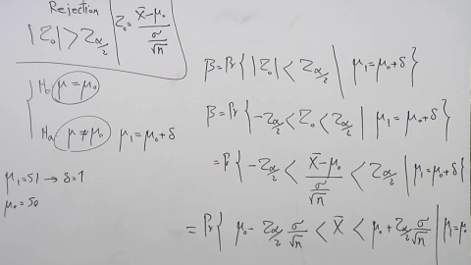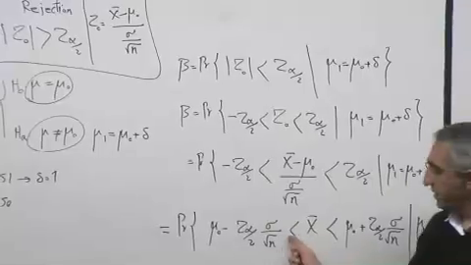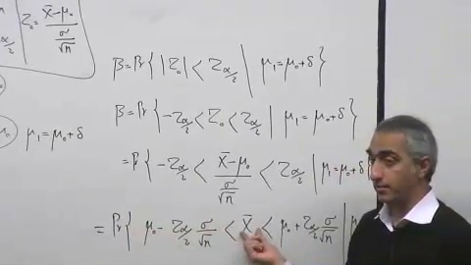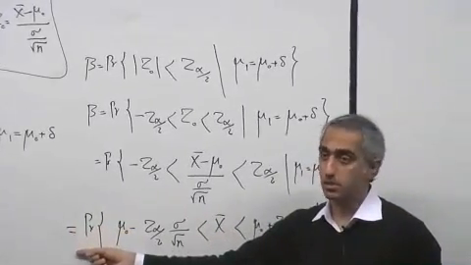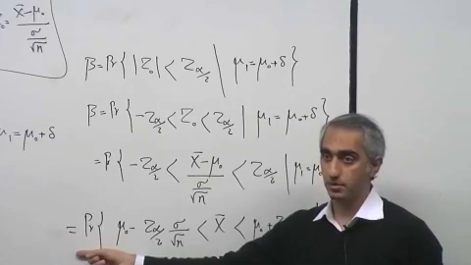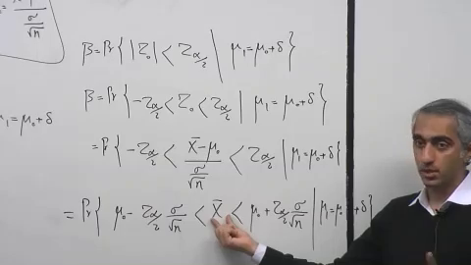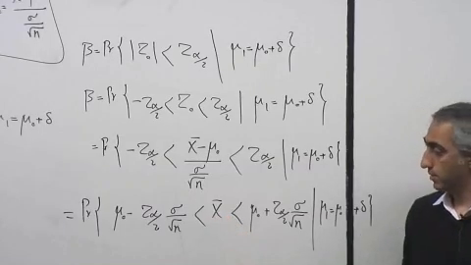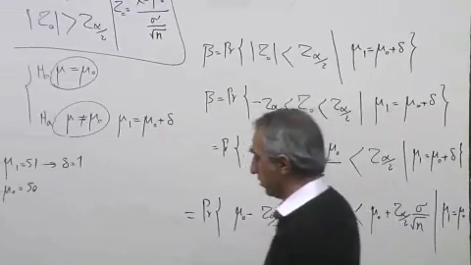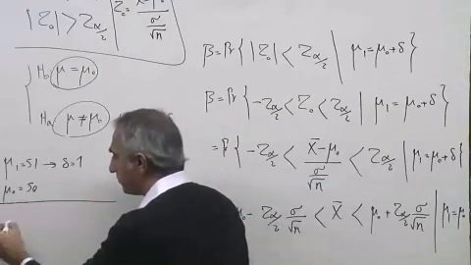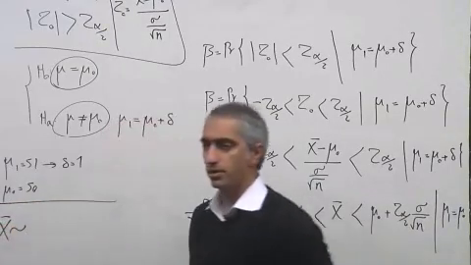Okay, so I want to find this probability. Again, x bar is a random variable, and everything else is deterministic, not a random variable. That's why I want to have x bar here, because I can calculate the probability easily. Now, what is the distribution of x bar? You tell me.